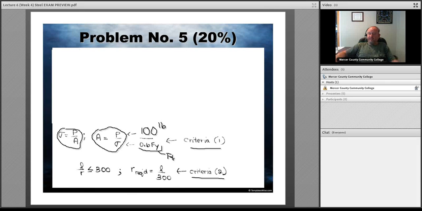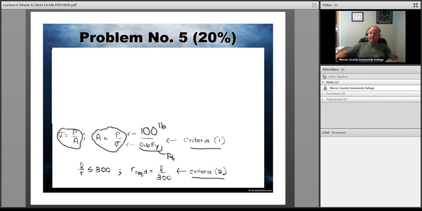They're saying what area, that's how we're going to pick it. You're going to just take this equation and say the area I need is my load, which in this example is 100 pounds, divided by 0.6 times Fy. I know my Fy is 36 kips per square inch, and when I get done, I'm going to get an area. And it might come out to be, whatever, 12 inches squared.